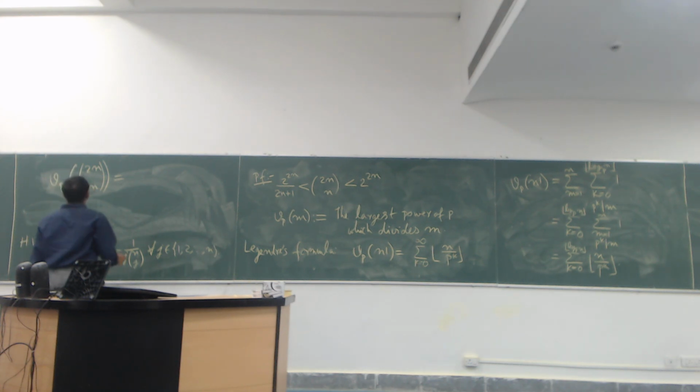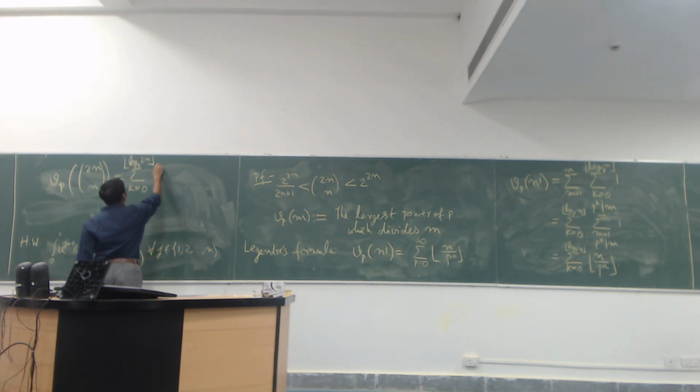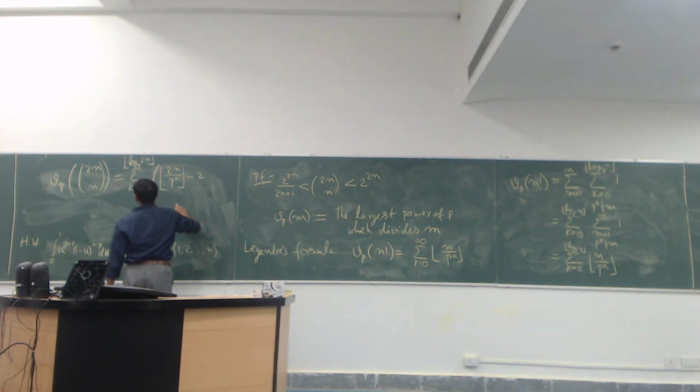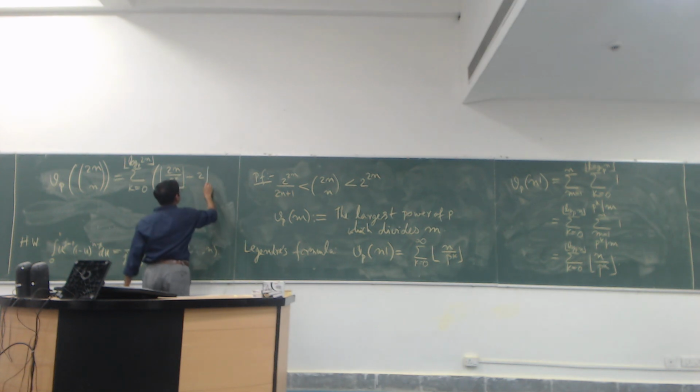So this is the sum over k running from 0 to log_p 2n, and inside we have floor of 2n by p^k minus 2 times floor of n by p^k. Well, what is this? If you expand this, it is (2n)! over (n!) squared.